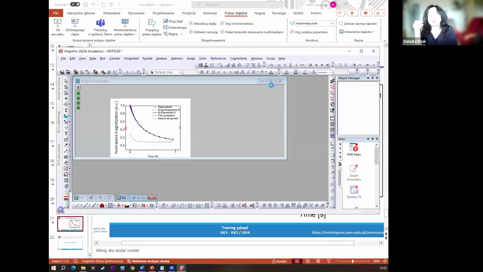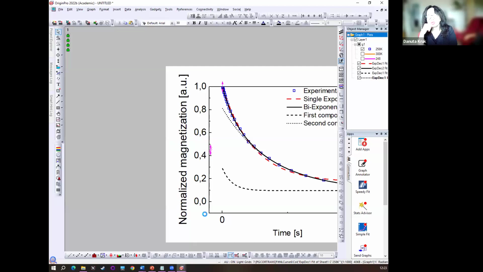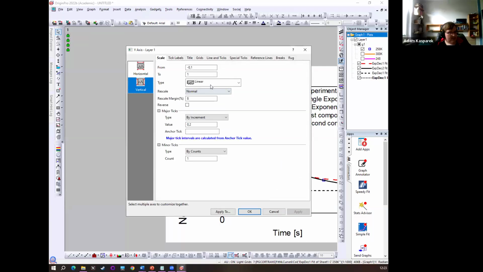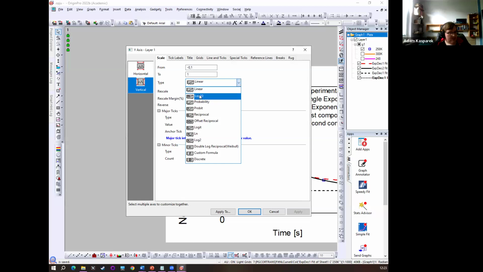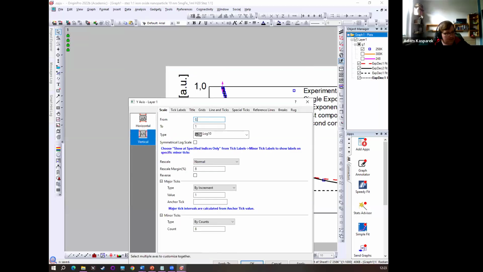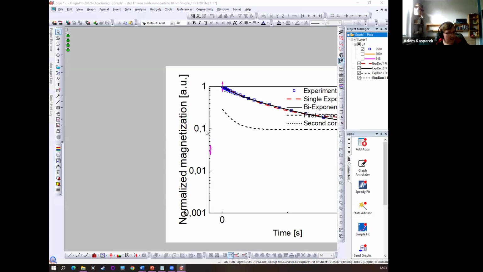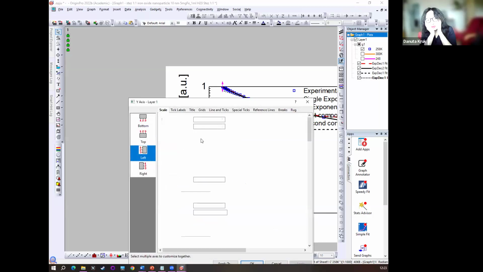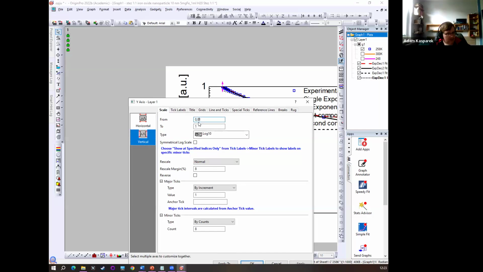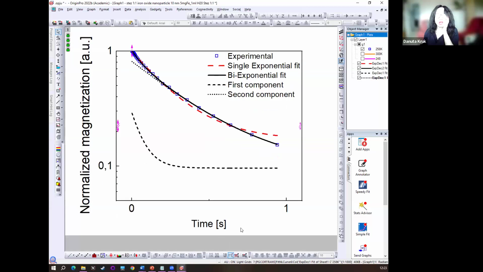Because after all, if you have a single exponential function and you take the logarithm of both sides, you should get a linear dependence. Let's say to the power 5.